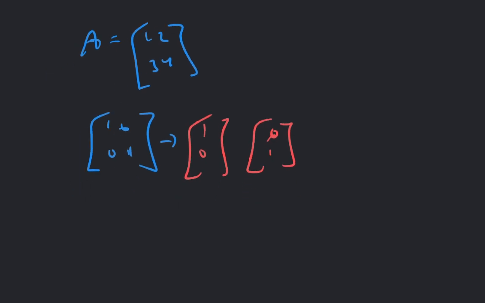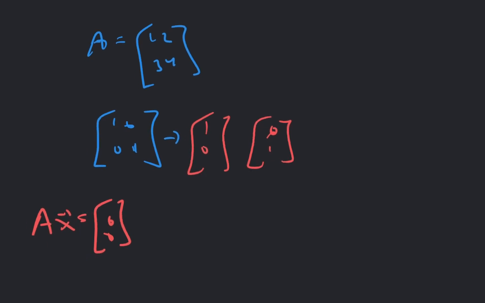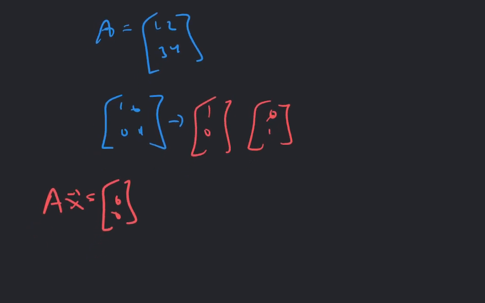If you were to solve AX equal 0, or the 0 vector, do you only get the trivial solution? And the answer is yes, you would only get the trivial solution, which would mean that X would be the 0 vector, so the dimension of the null space is 0.